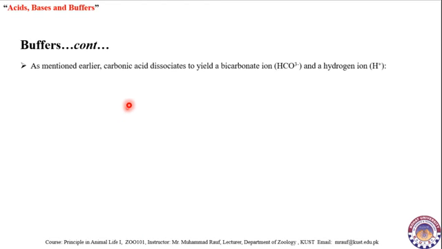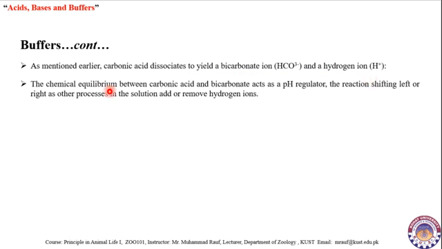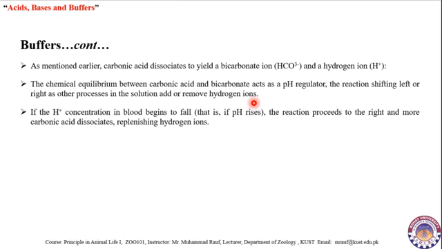As mentioned earlier, carbonic acid dissociates to yield a bicarbonate ion and a hydrogen ion. The chemical equilibrium between carbonic acid and bicarbonate acts as a pH regulator, the reaction shifting left or right as other processes in the solution add or remove hydrogen ions.